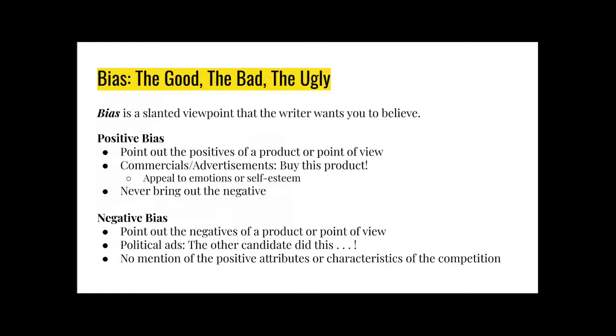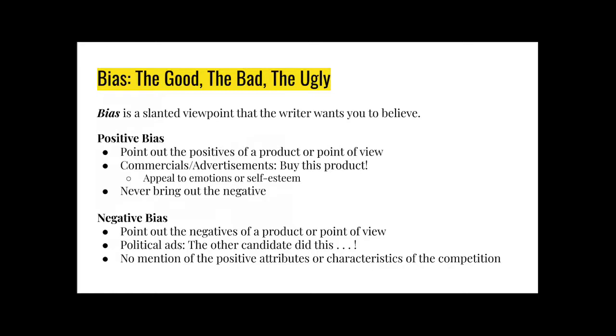The other type of bias that you will see is negative bias. The purpose of this is to turn you against a particular product or point of view. Right now we're in the middle of an election year. So we see negative bias constantly in political ads, accusing the candidate of doing this or that, all to try to prove to you that you do not need to vote for candidate A. They don't point out the positives of candidate B, just the negatives of candidate A to try to turn you against him or her.